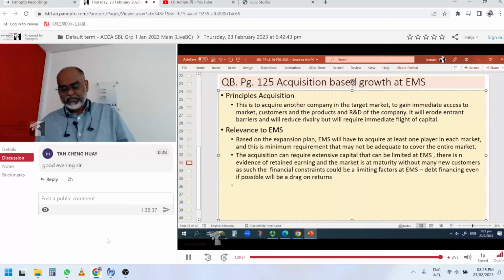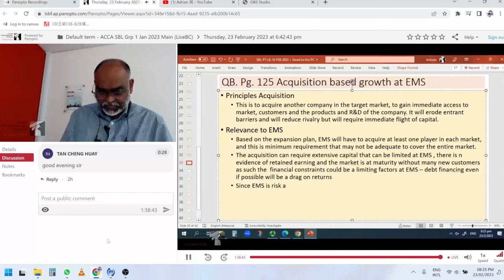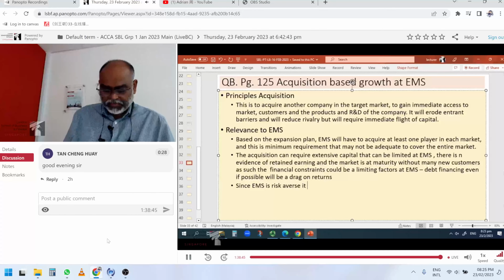Besides that, since EMS is risk averse, it will not gain full benefit from acquiring companies.